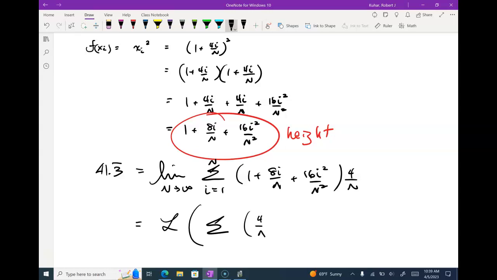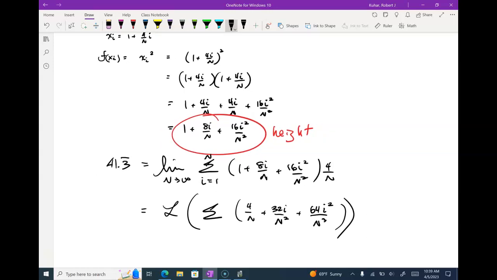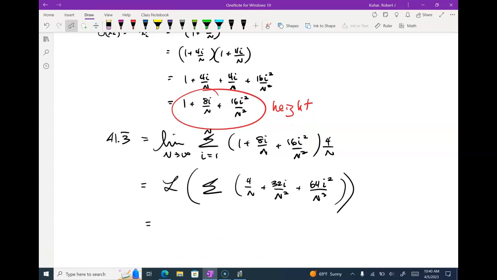This is 4 over n plus 32i over n squared plus, 4 times 16, is that 64? 64i squared over n cubed. And if I'm doing the sum of a plus b plus c, it's the sum of a plus the sum of b plus the sum of c, right? We should all be able to agree with that. So I want to split up this sum into as many sums as I need.